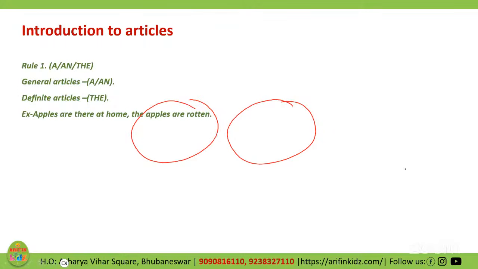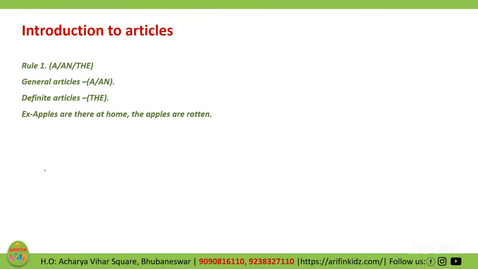Now, in English, we have three articles: a, an, and the.